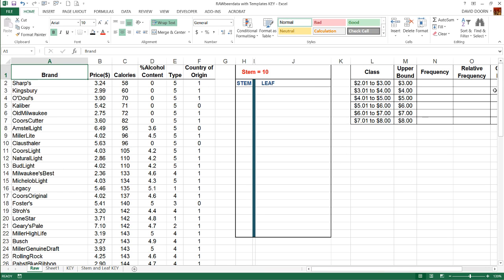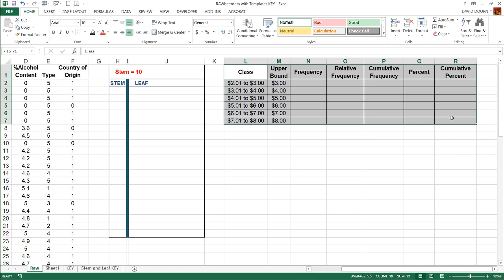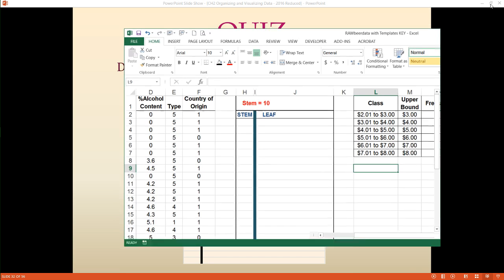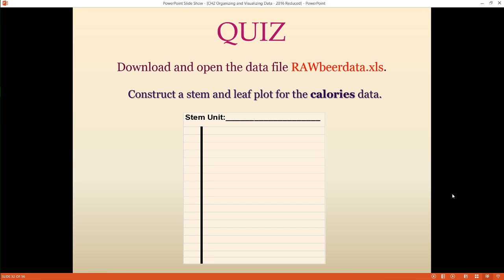Okay, so do the stem and leaf diagram here and upload it to the Dropbox. You have till midnight. And then we'll come back. This will be a later quiz. Actually, might as well wait till we complete everything, and then you can upload it to the Dropbox. So go ahead and make that stem and leaf diagram, and I'll stop the video here.